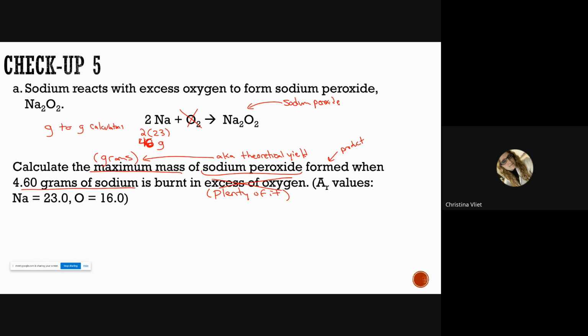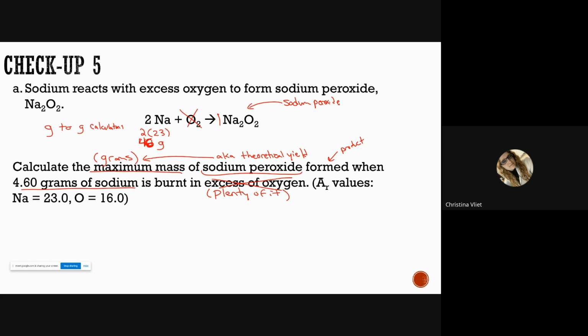And then for the product side, what would we do to figure out how many grams of product is made in this recipe? What could you do? Get the molar mass, and there's 1 mole of it.